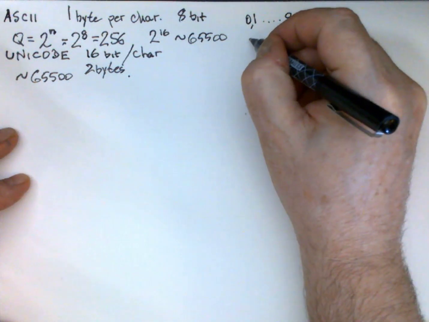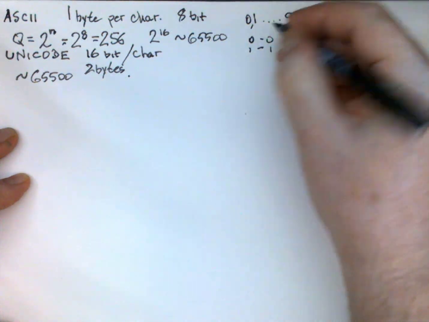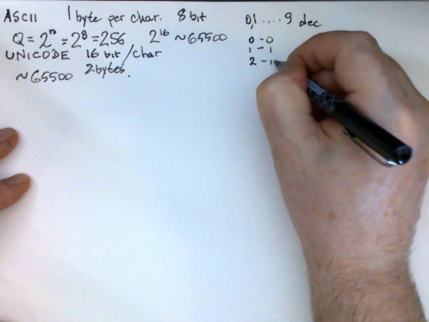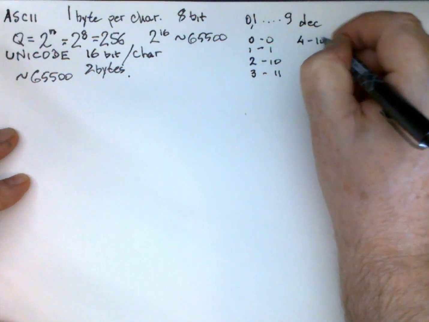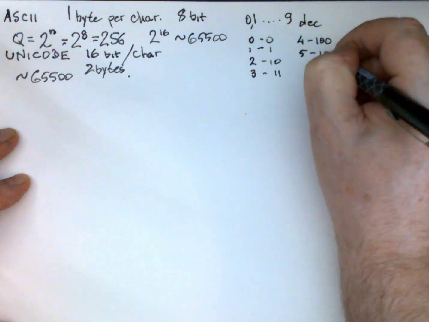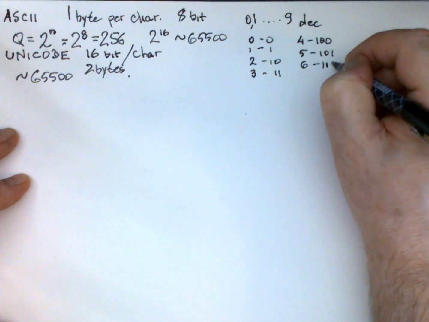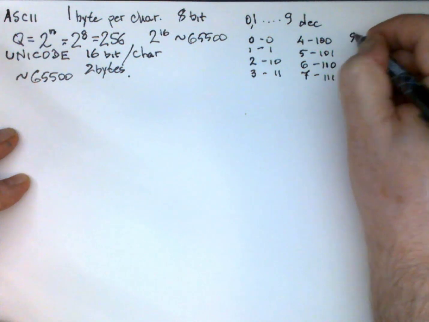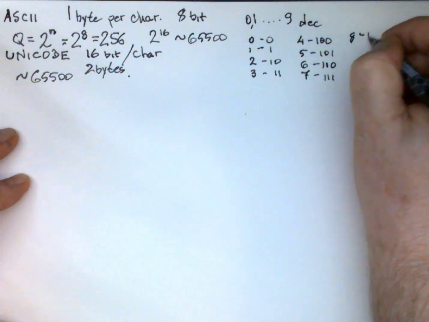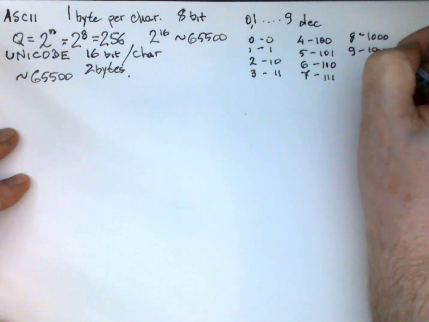We can say 0 is 0, 1 is 1, but 2 is 1 0, 3 is 1 1, 4 is 1 0 0, 5 is 1 0 1, 6 is 1 1 0, 7 is 1 1 1, 8 is 1 0 0 0, 9 is 1 0 0 1.